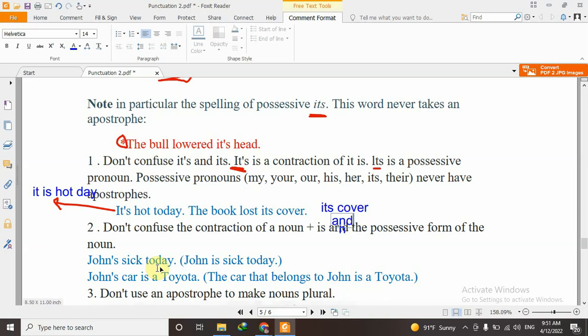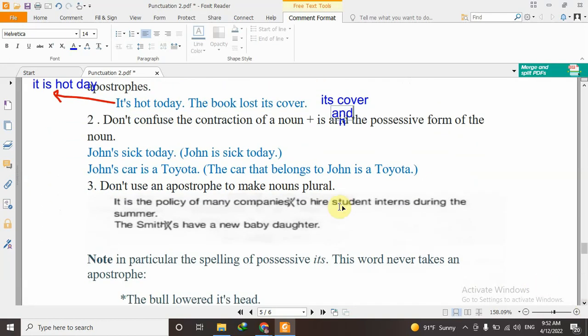"Jack's sick" is just like an adjective, so whoever writes it this way means "Jack is sick today". But in the second, "John's car", we cannot say "John is car". Is John a car? No. So we say "John's car", which is the possessive: the car that belongs to John is a Toyota.